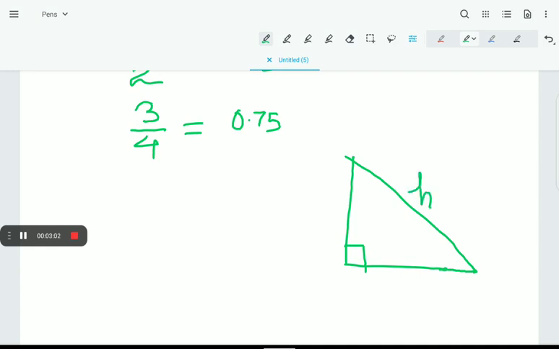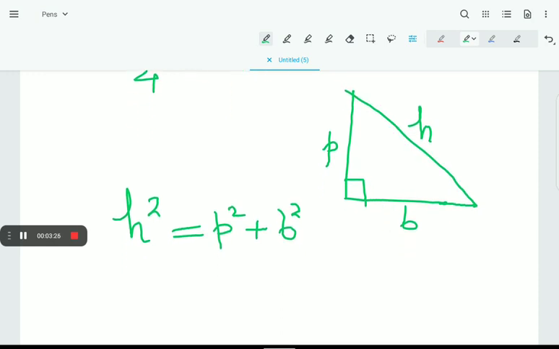We can write the hypotenuse as h. Let this be p. Let this be b. Then, by Pythagoras theorem, we know that h square equals p square plus b square. So this was the theorem discovered by Pythagoras.